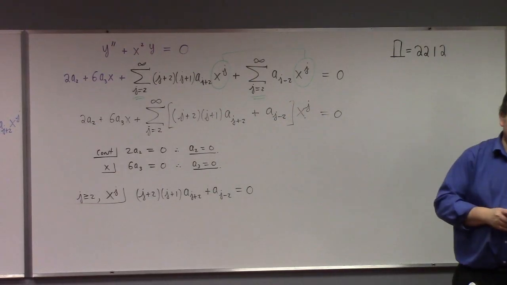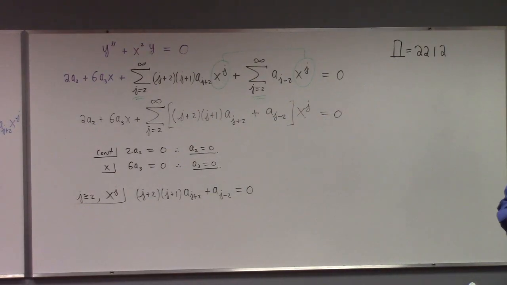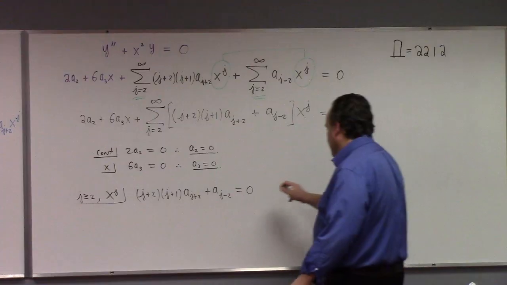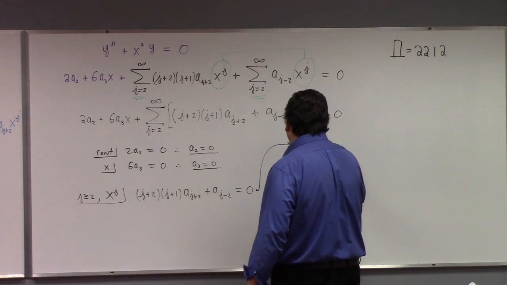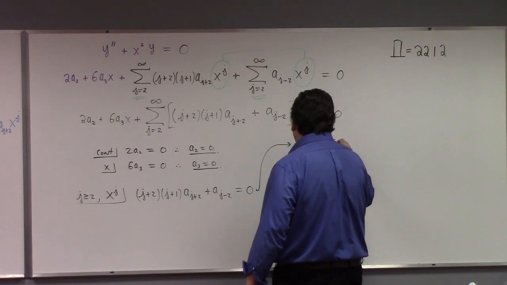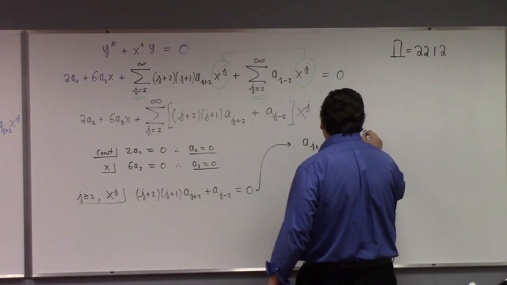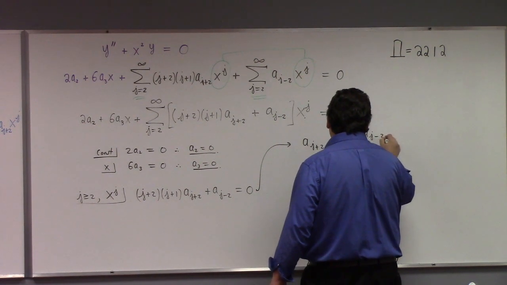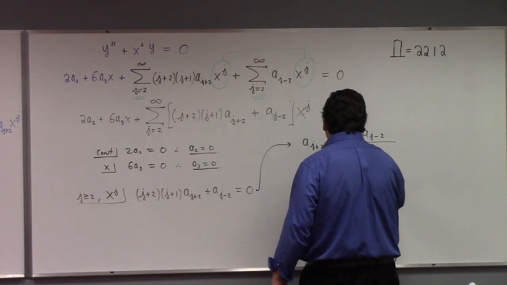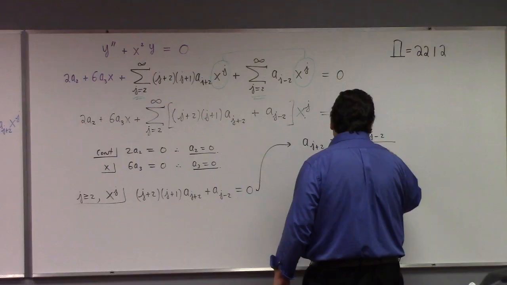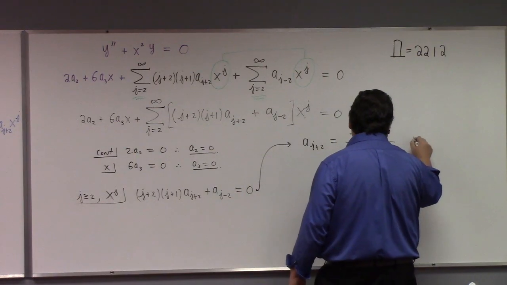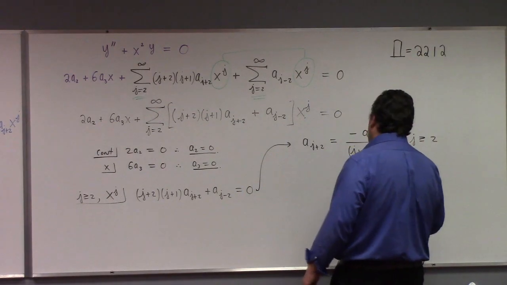I'm not particularly fond of this formula as it's currently written. Let's make it prettier. So, opening move, a sub j plus 2 is equal to minus a sub j minus 2 divided by j plus 2 times j plus 1, and that's for j greater than or equal to 2.